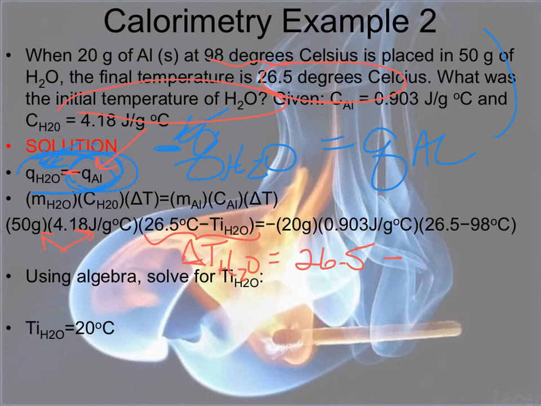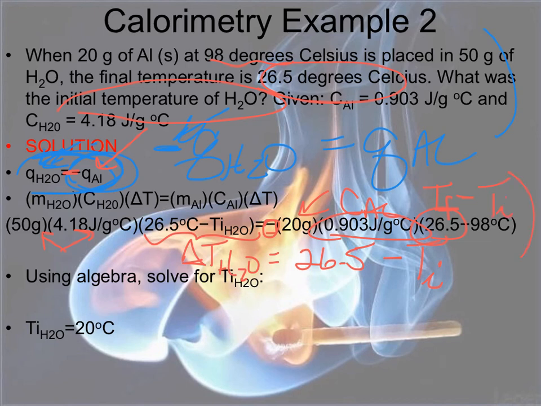That's what we're trying to solve for. So we'll just put Ti. All right, and then on the right-hand side, you've got your negative sign. It's a 20-gram block of aluminum, specific heat capacity of aluminum, and T final is the same for both, remember? And we were given the initial temperature of the aluminum block, which is 98.